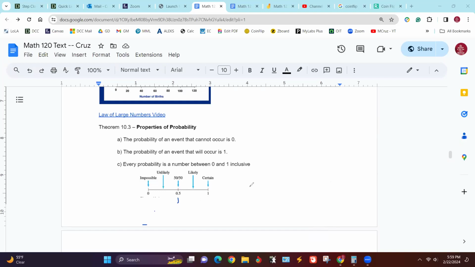When we say 50-50, it means that there's an equal chance of something happening as well as not happening. As we get closer in this direction, things get more and more unlikely. In this direction, things become more likely, until we get up to 1.